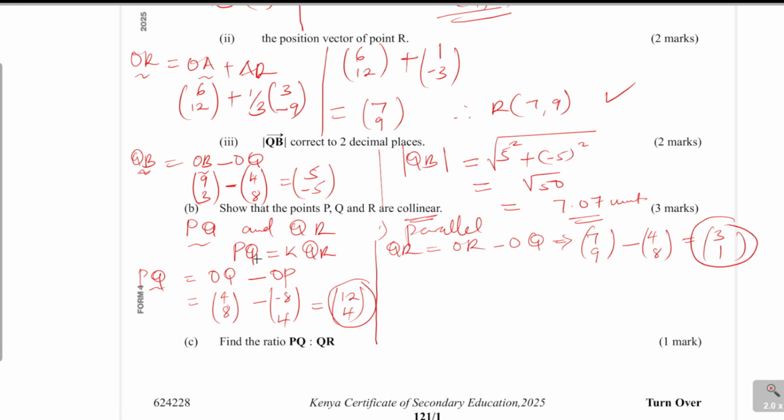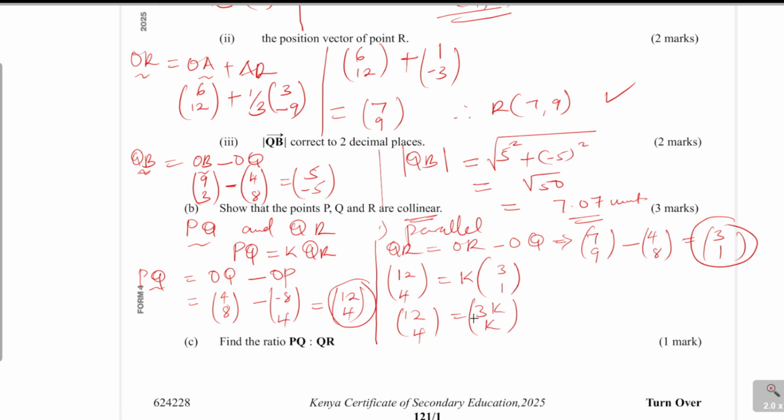Remember you had said that PQ is equal to K QR. So PQ, which is 12, 4, is equal to K QR, which is 3, 1. So we want to find this scalar. 12 is equal to 3K.